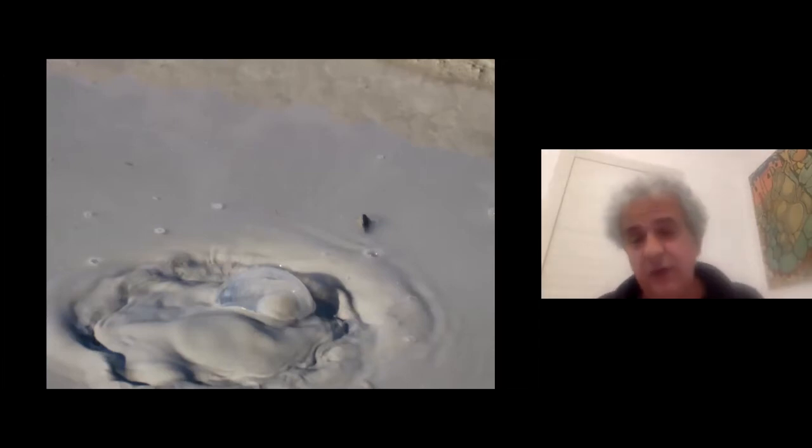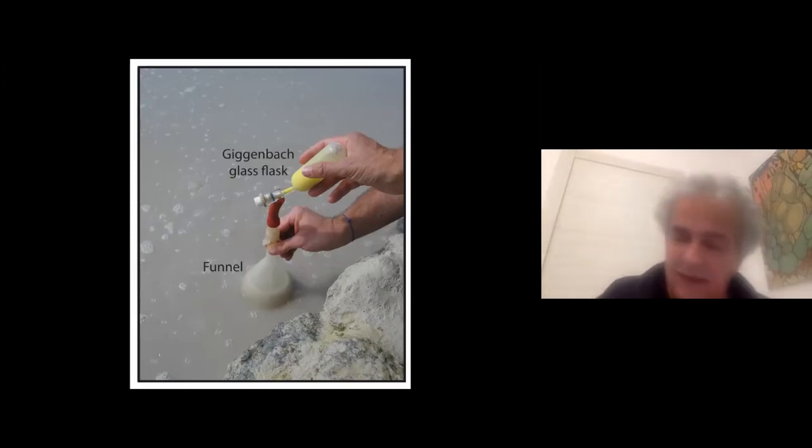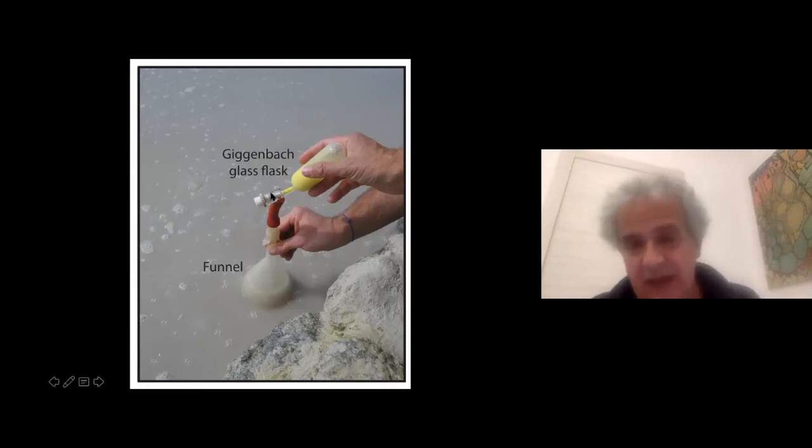In this case, we use a very high-tech instrumentation that is a funnel. Basically, it's the same thing that we have seen with the fumarolic system. The difference is basically that we connect our gas vials with a funnel.